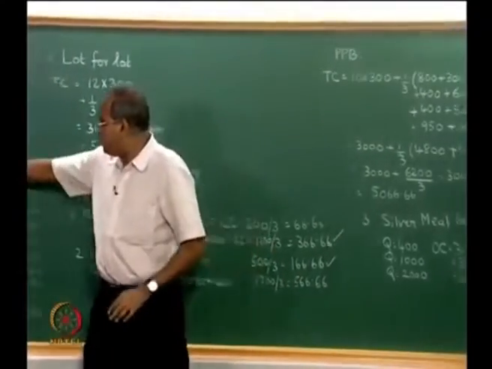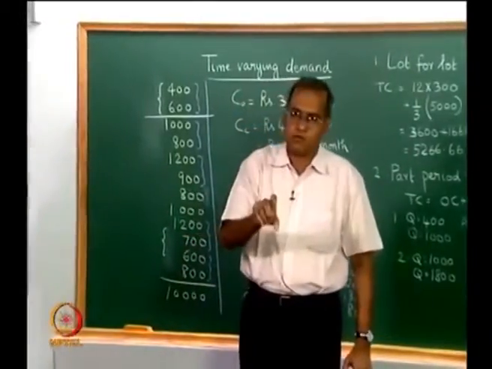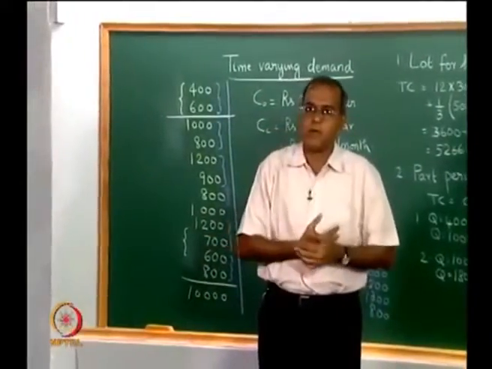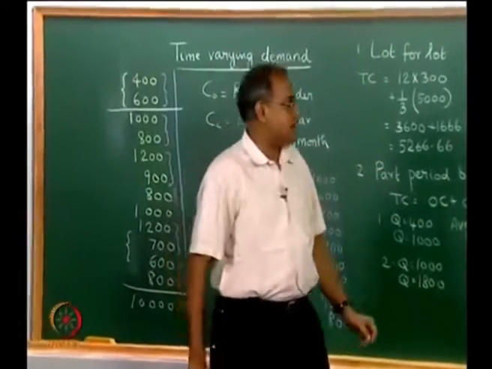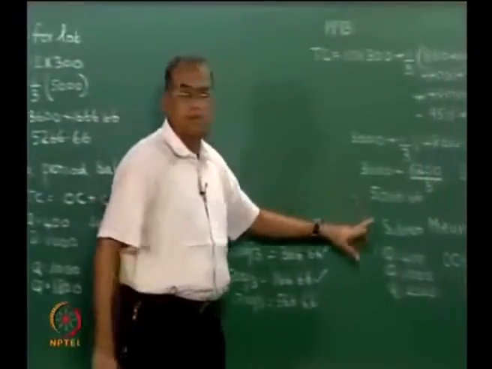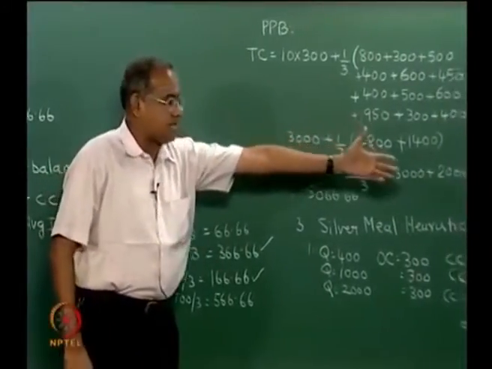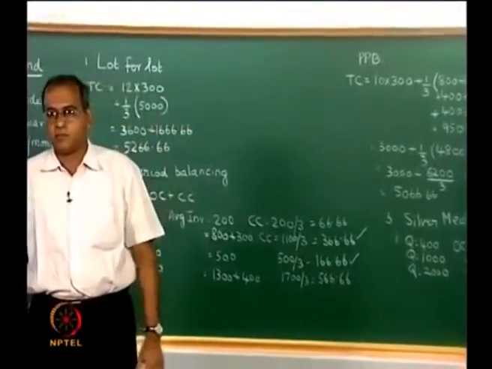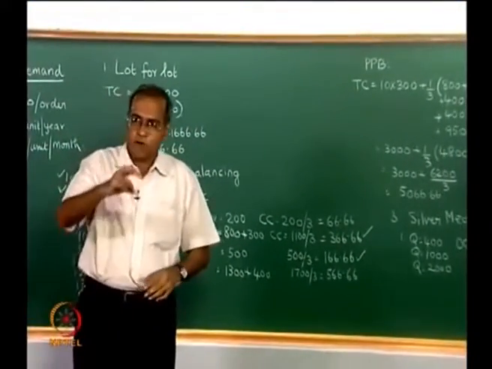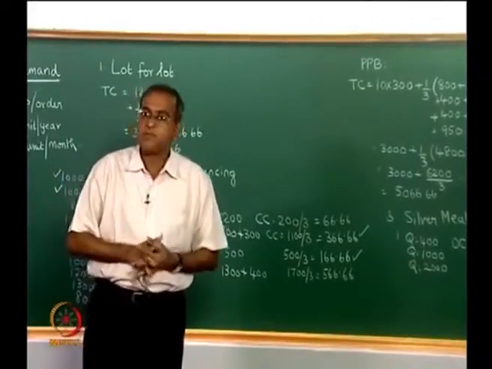Based on this numerical example, H divided by O, the heuristic divided by the optimum, would be of the order of 1.000 something, because you are dividing 5066 by 5000, whereas 5033 divided by 5000 will be a little smaller for the Silvermeal. So, the smaller H by O is, the better the heuristic is.